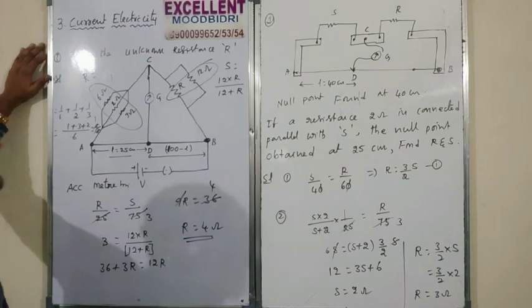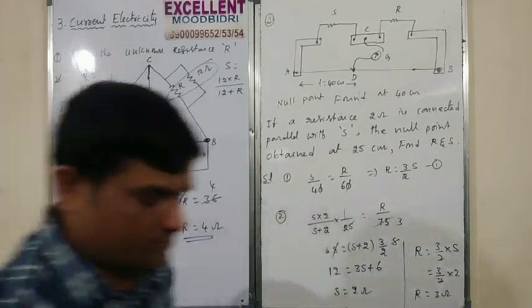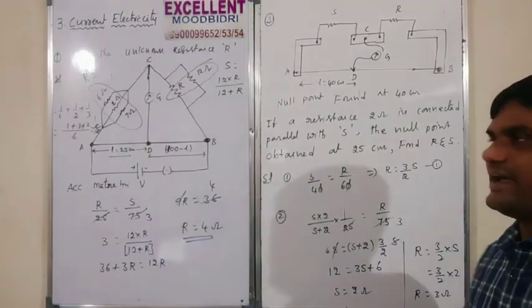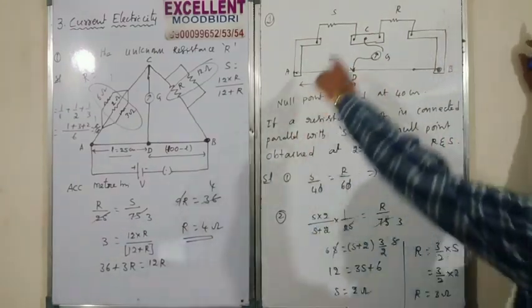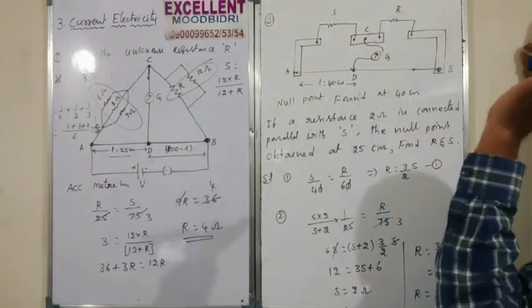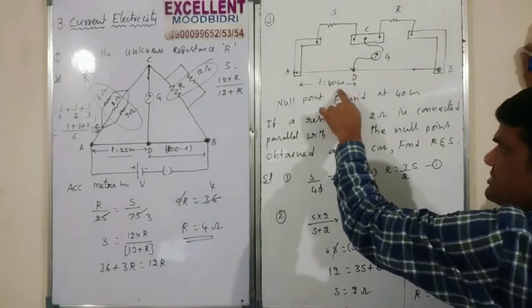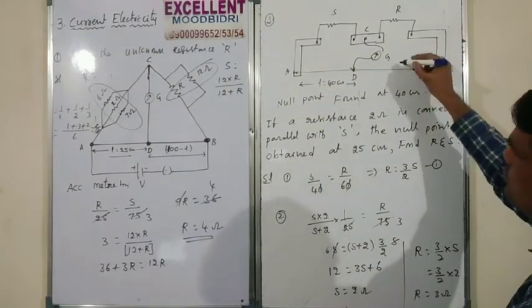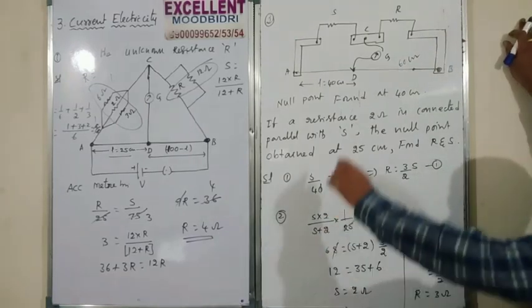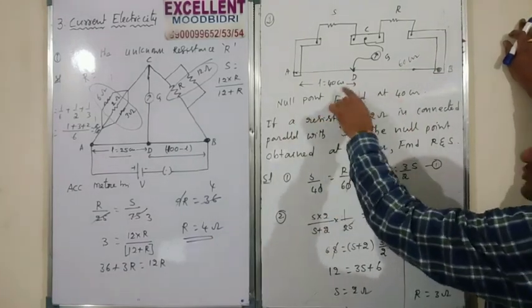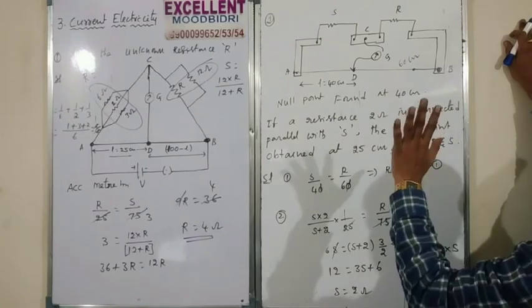Finish. Next, one more problem, the last problem. One circuit like that will be there. This is the S, and this is the R value we don't know, but the L value is given as 40. The remaining length L2 is 60 centimeters. That means the null point is found at 40 centimeters previously.